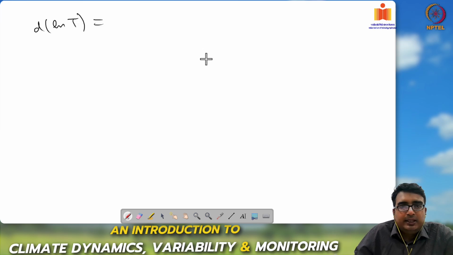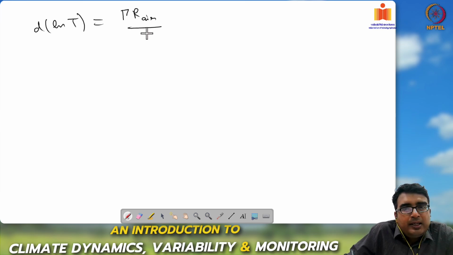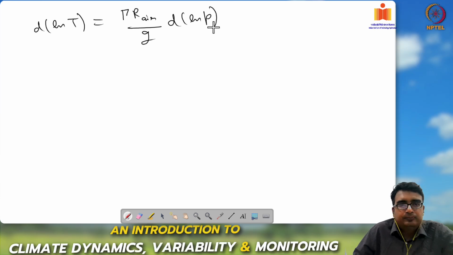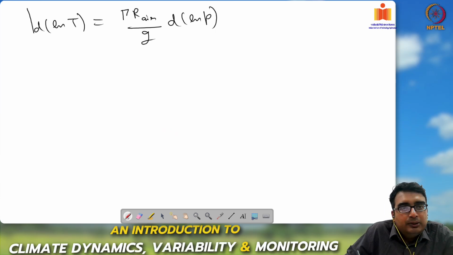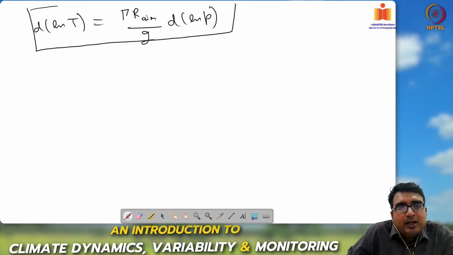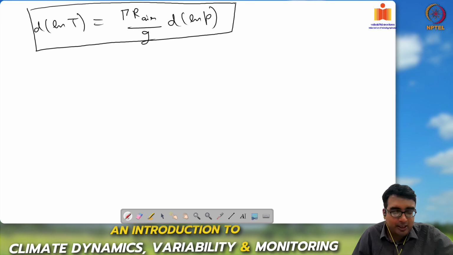So we get d log T equals gamma into R air by g d log P. This is the expression we get assuming a constant lapse rate for temperature in the troposphere.